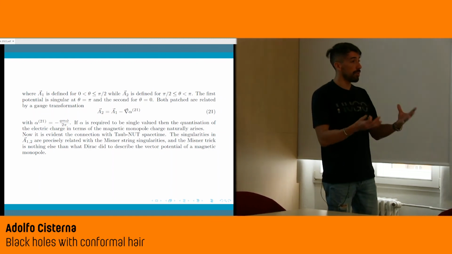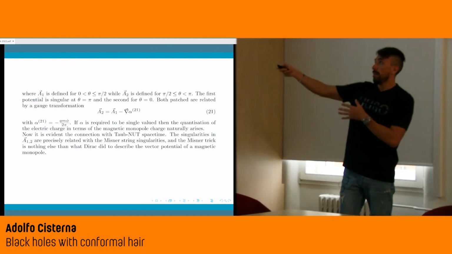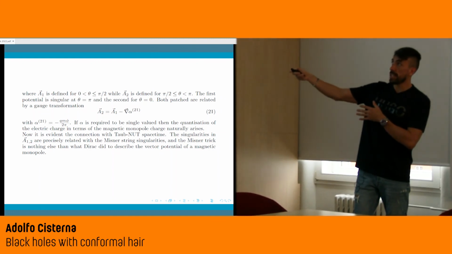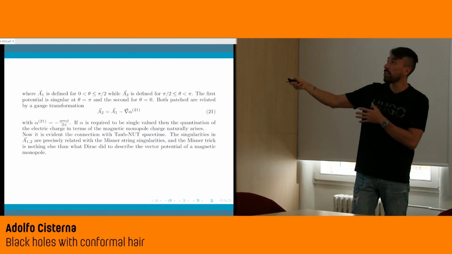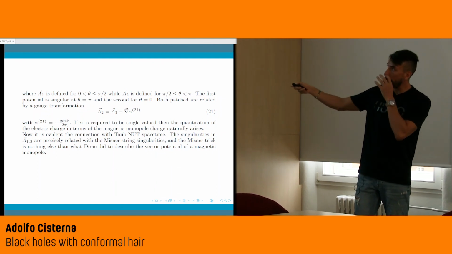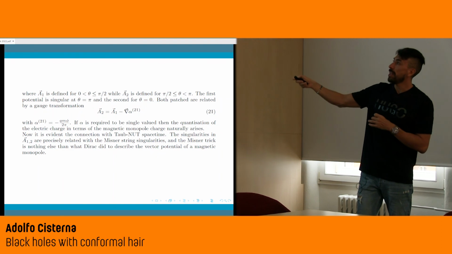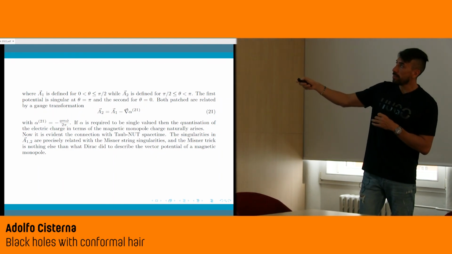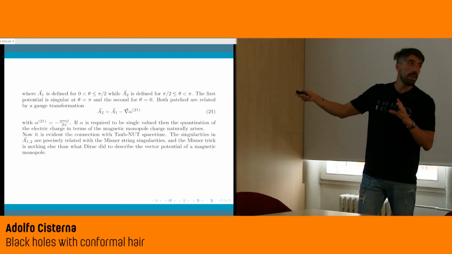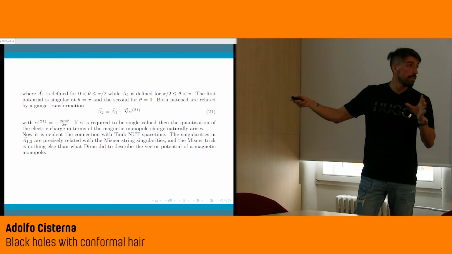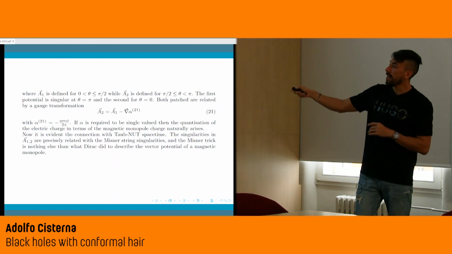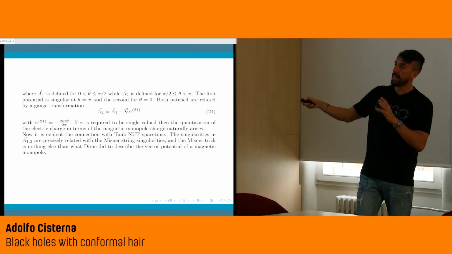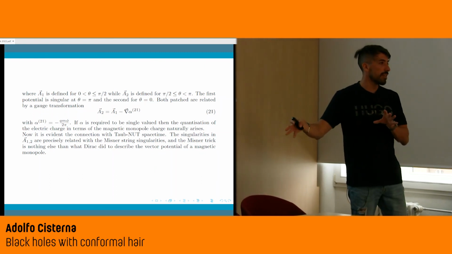If magnetic monopoles exist, through the existence of these vector potentials, I will see that in order to have well-defined gauge transformations, this condition here, so asking this function alpha to be single valued, I will naturally imply that the electric and the magnetic charge need to be related.